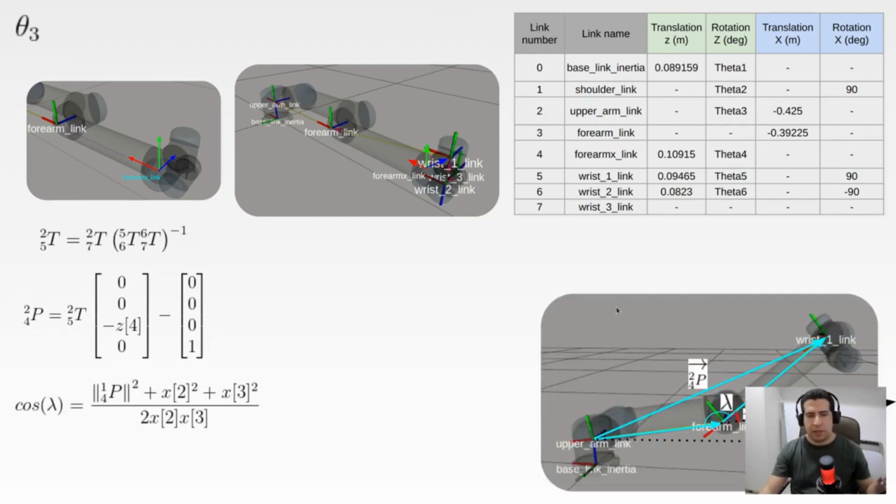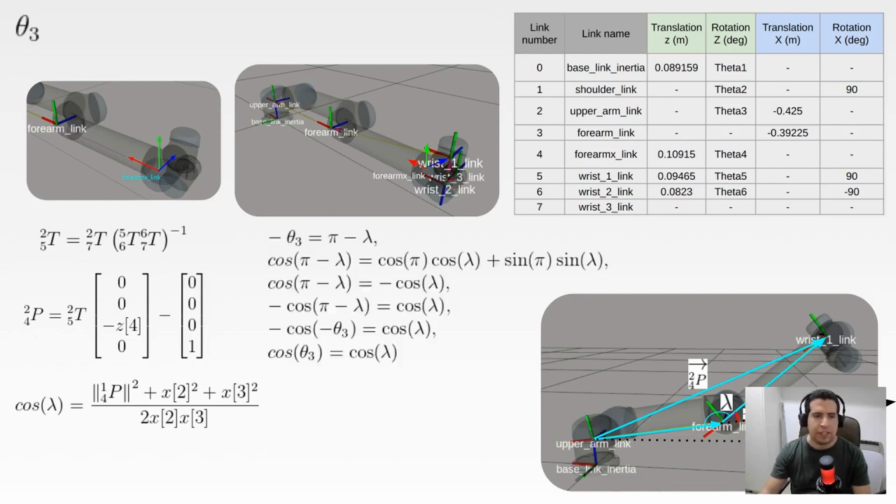And in this case, we have three frames that are aligned on the same plane. So by using the law of cosines, we can find this lambda angle, that is this angle that's formed by the elbow here, and we know that cosine of lambda is equal to cosine of theta 3.